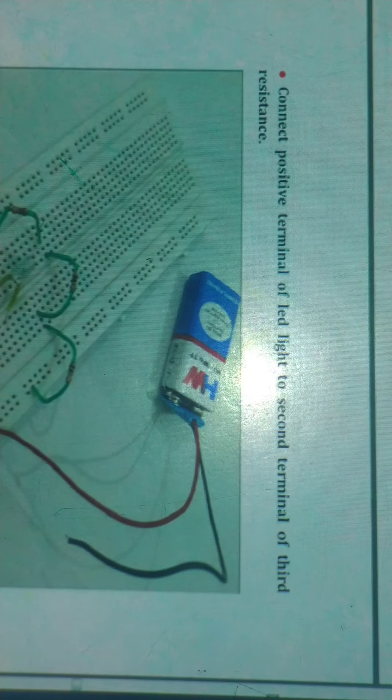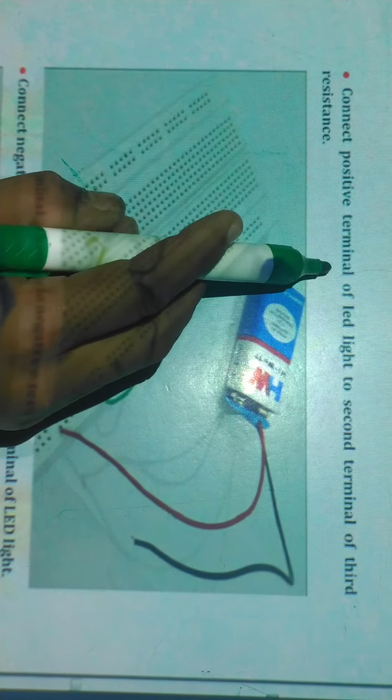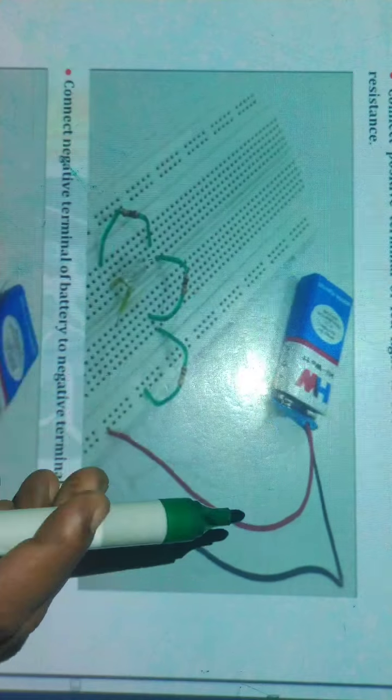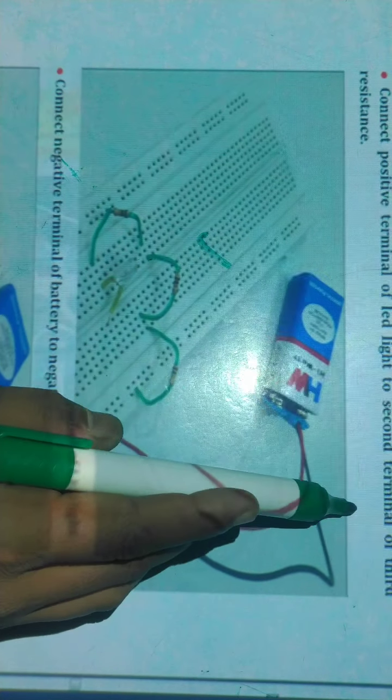The next step is to connect the positive terminal of the LED light to the second terminal of the third resistance. The second terminal of the third resistance and the positive terminal of the LED light are connected together like this.